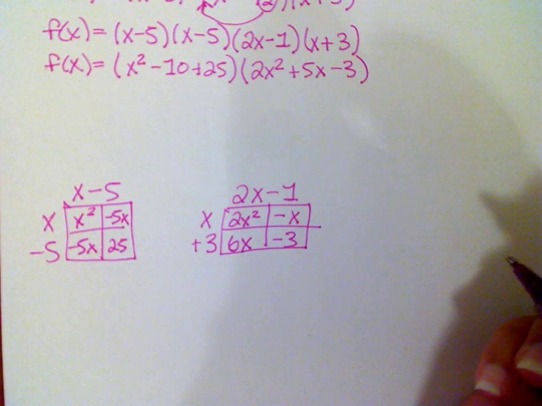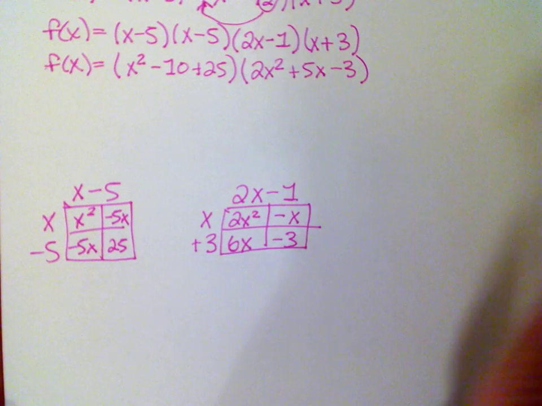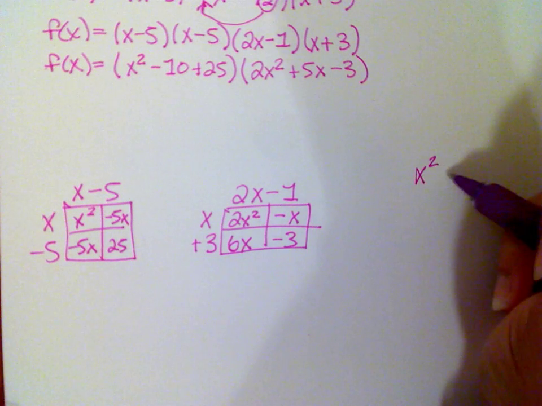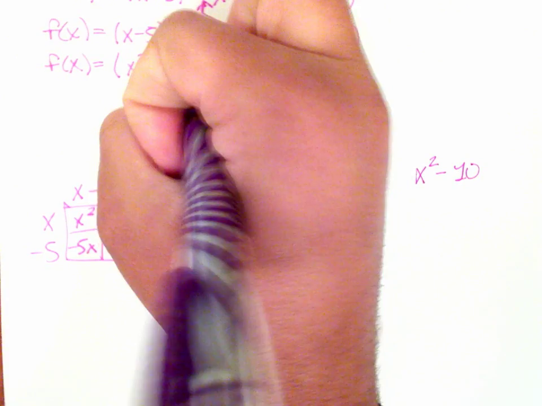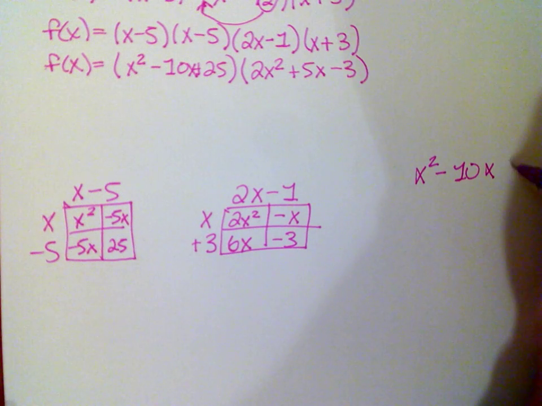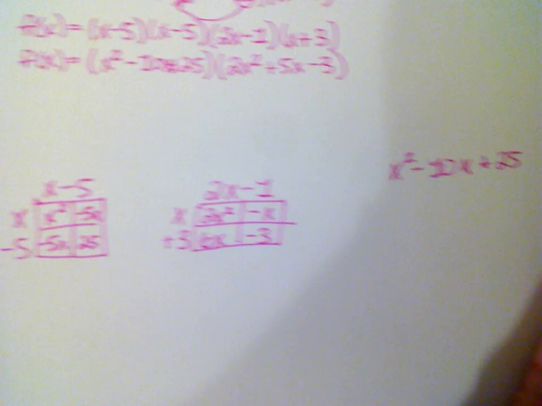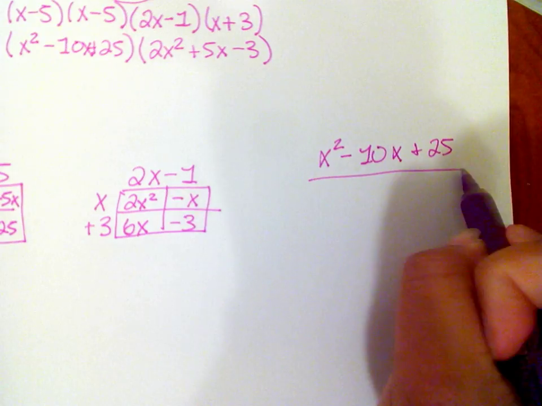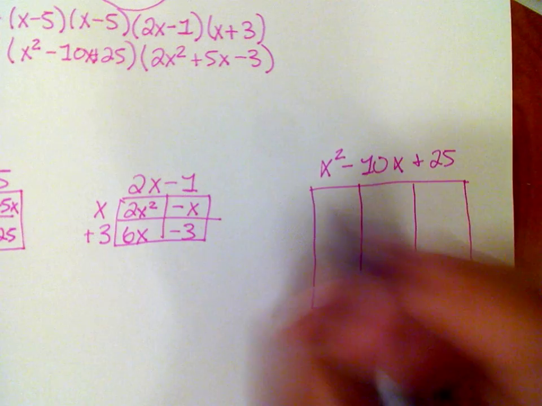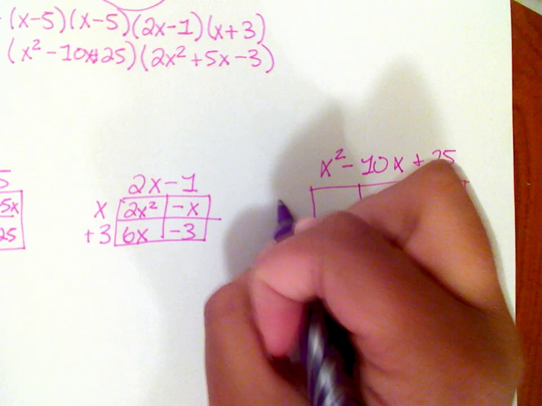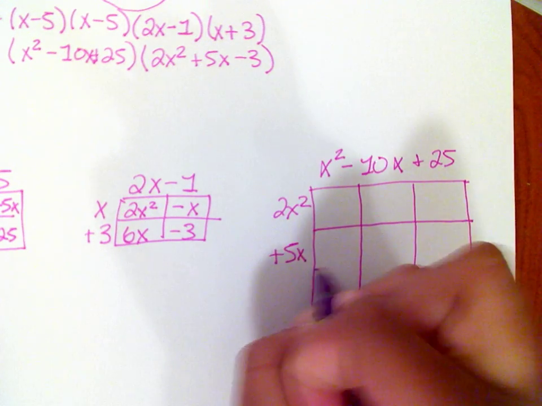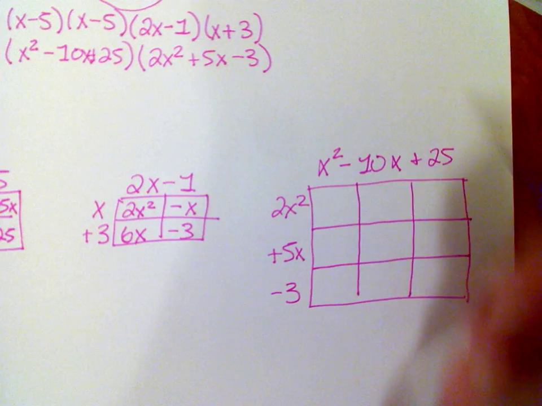Now I'm going to multiply these 2 trinomials together using the box method again. Instead of a 2 by 2, we'll have a 3 by 3 now. So x squared minus 10x plus 25, and then 2x squared plus 5x minus 3.